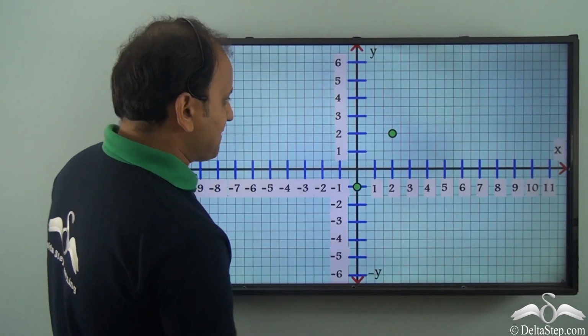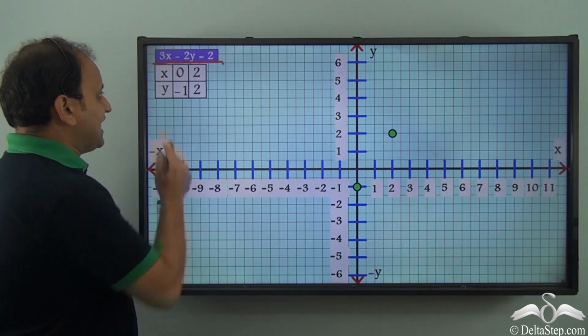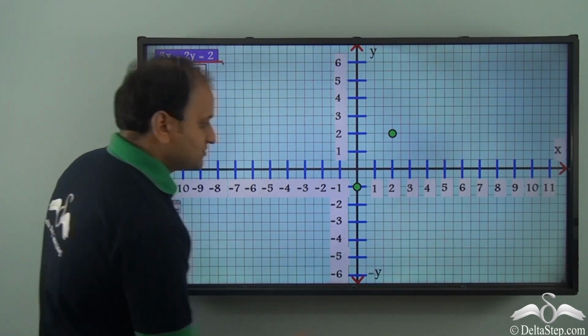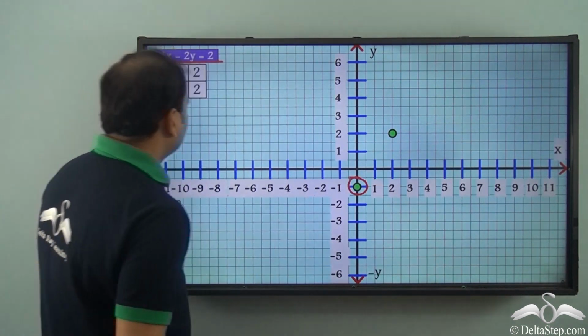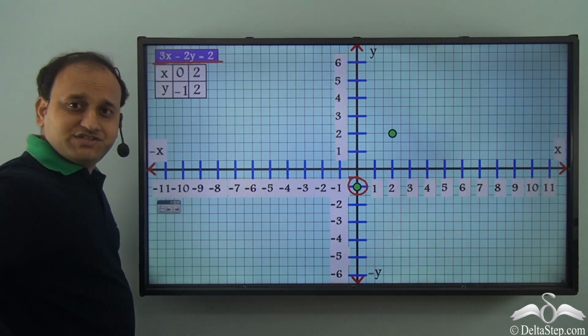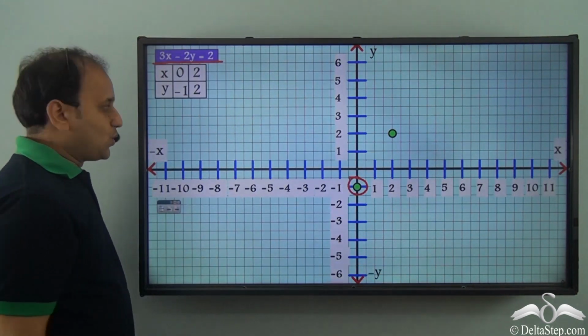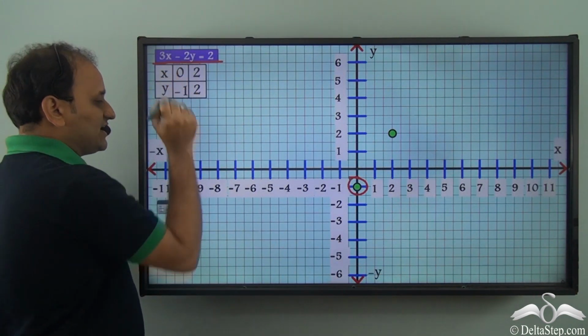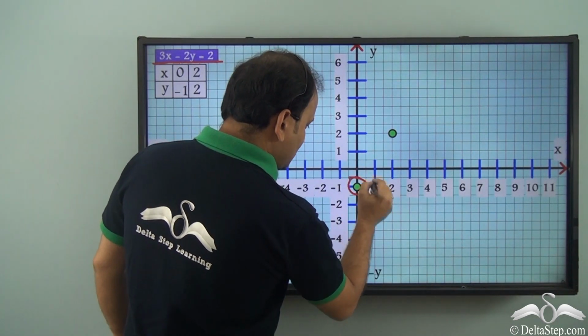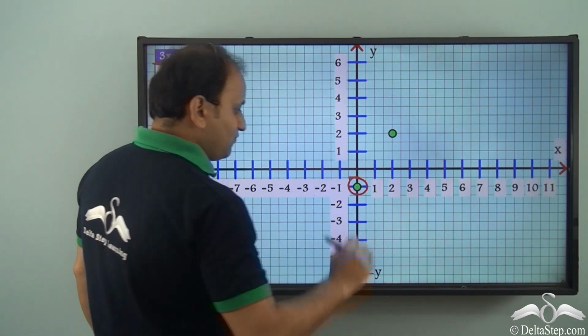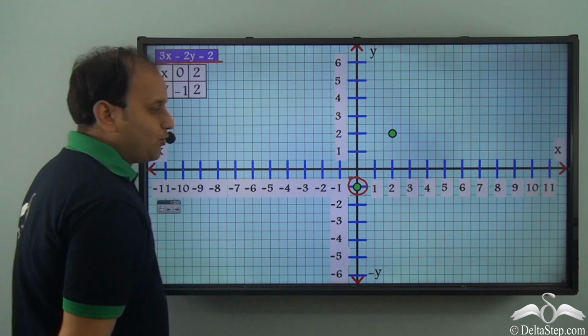So, we have this graph paper, and what are the 2 points? We have 0 and -1, which is here, because we have x as 0. So, on the entire y axis, x is 0 and the value of y is -1. So, -1 is where we'll place the point.